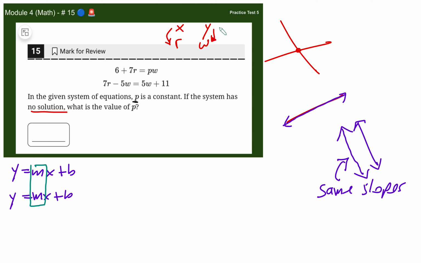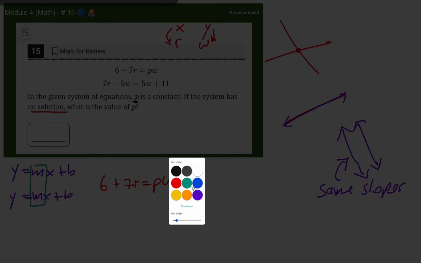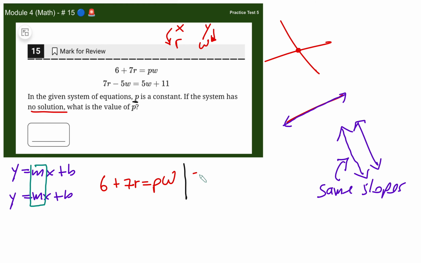Okay, so here, let's go ahead and write this as 6 plus 7r equals pw. And the other one: 7r plus 5w equals 5w plus 11.